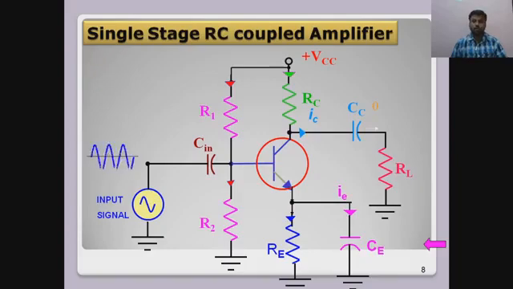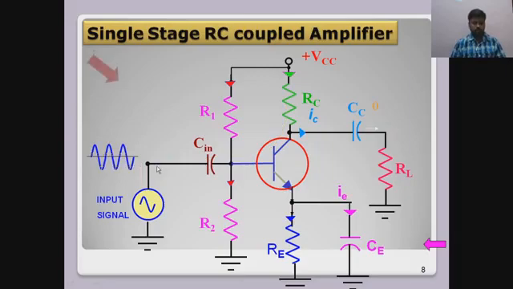The output appears across the RC, and the same is collected through CC by the RL, that is, it appears now at the RL. Okay, then what happens?